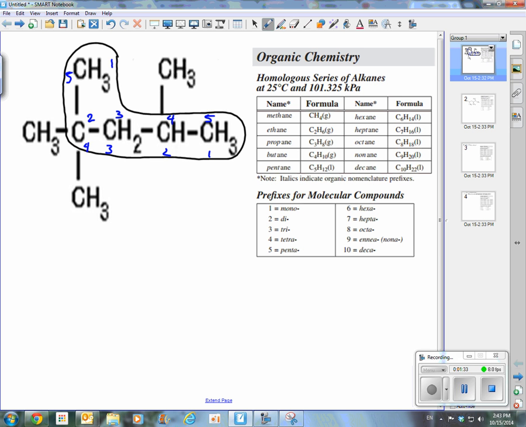Now with that though, we'll see how that affects things later on. But in this case now I've got 5, so 5 is pent. So I now have pent, and then because I only have single bonds, I have pentane as my parent chain.